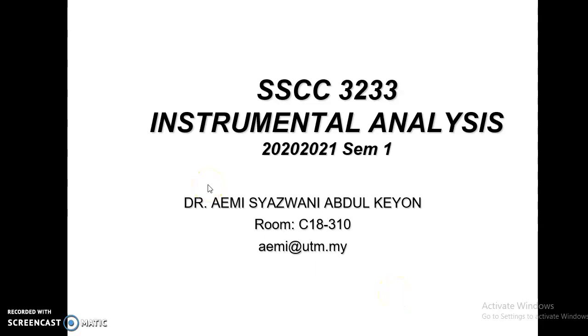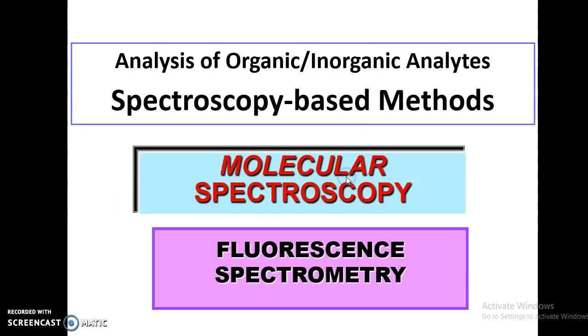So here we are in the second chapter of instrumental analysis. We are going to learn about the second spectroscopy based method, which is fluorescence spectrometry.